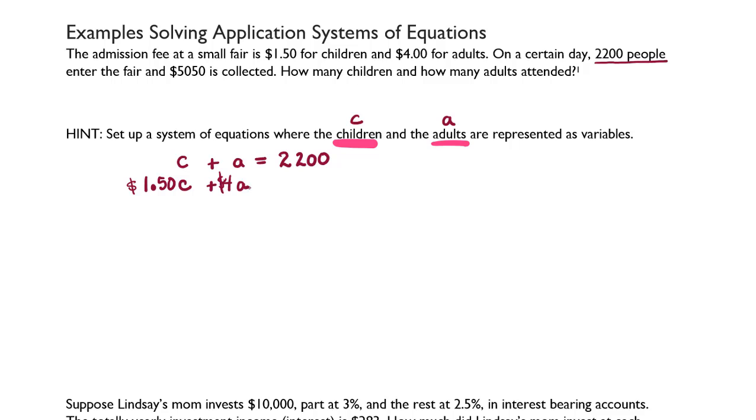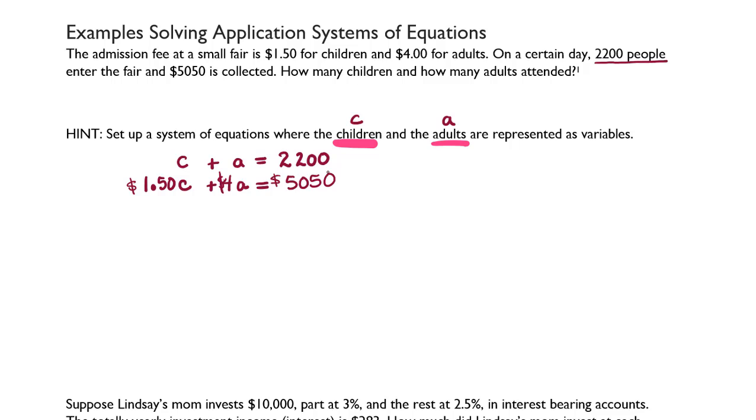So we know that 4 times however many adults would give us the money made for each adult that entered the fair. So total, we would know how much money was collected, which they actually tell us was $5,050. We now have this system of equations that we can solve.